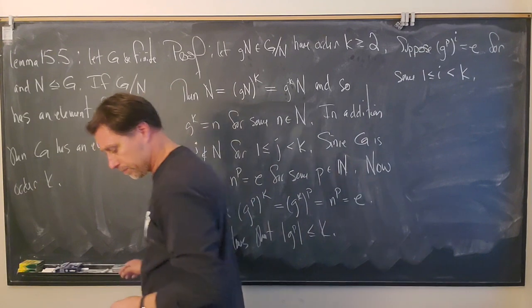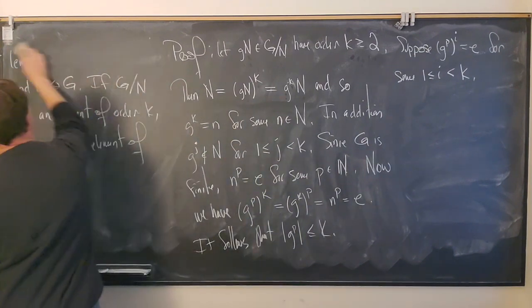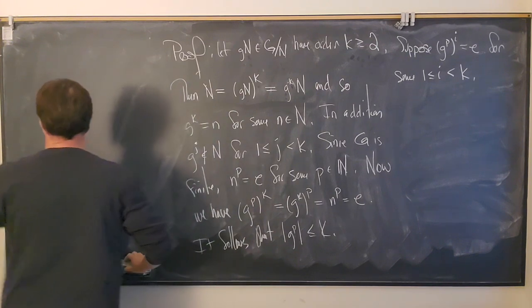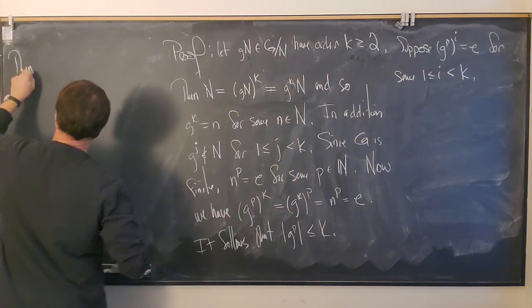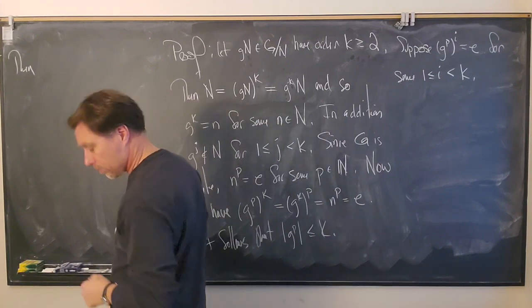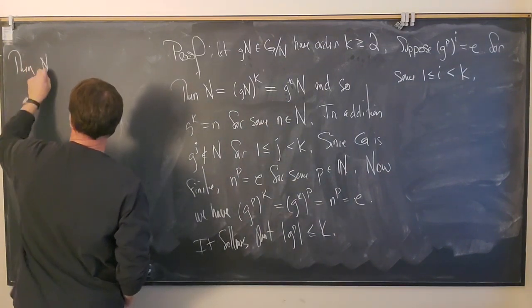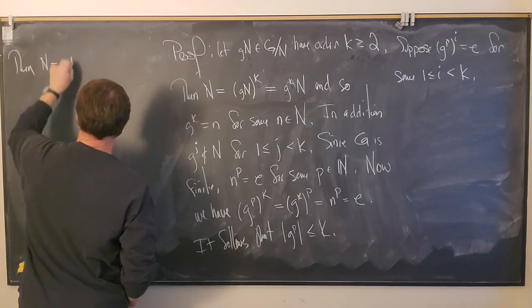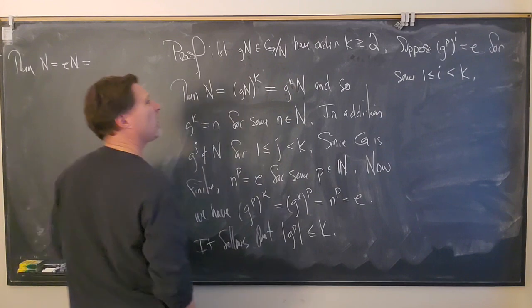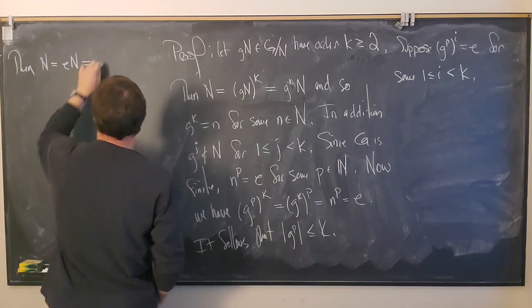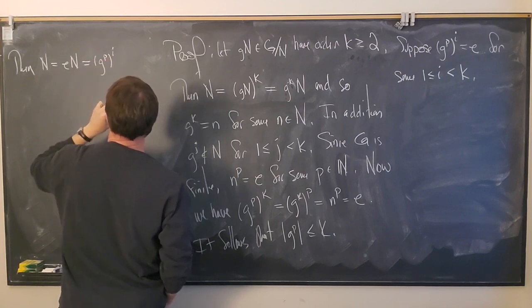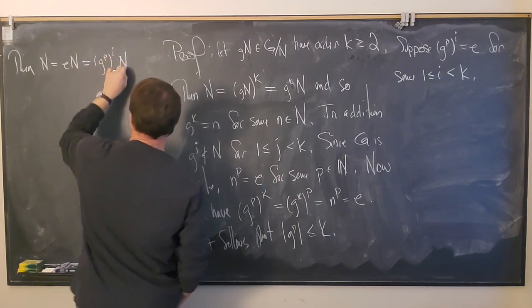Well, then what? Then n, which of course is equal to e times n, is equal to g to the p to the i times n.